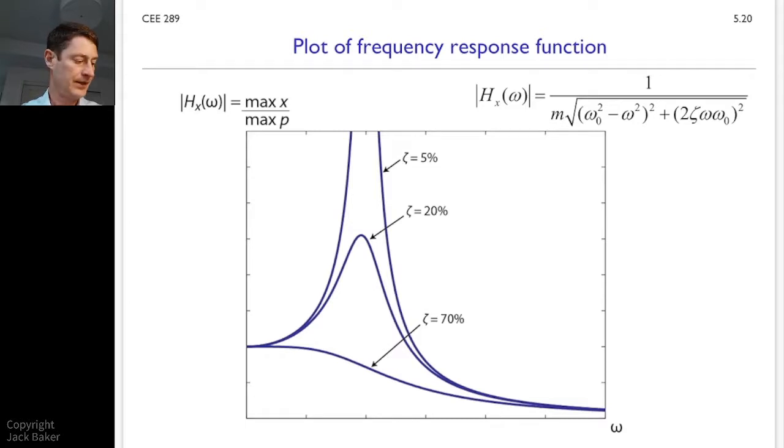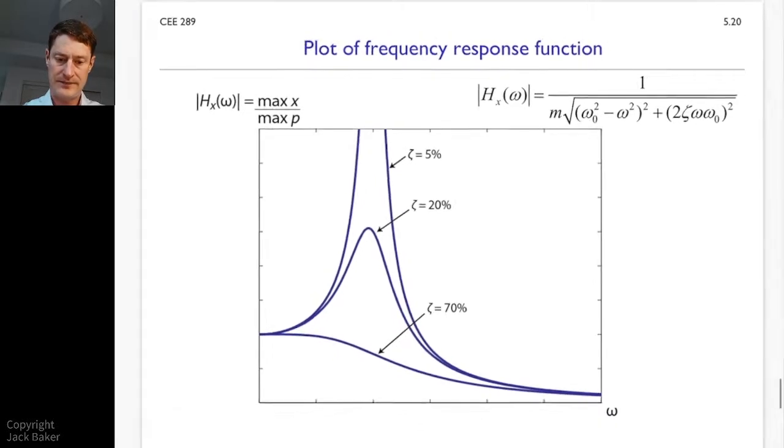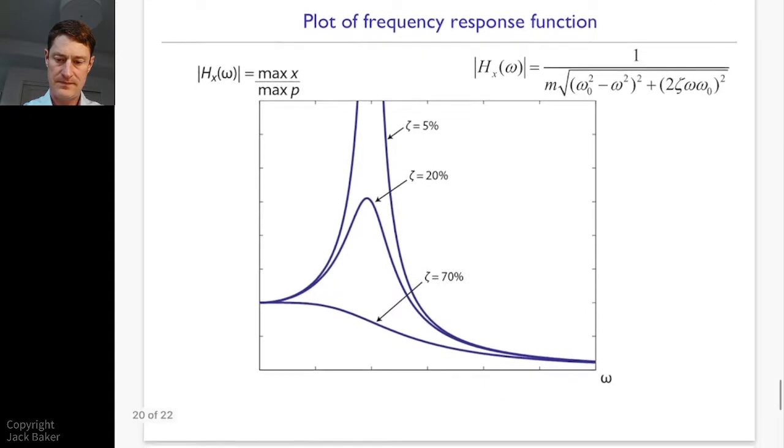So the one thing to note is that the peaks of these functions occur where we're getting resonance, and it's where the omega that we're exciting the system with is about equal to omega naught, the natural frequency of the system.